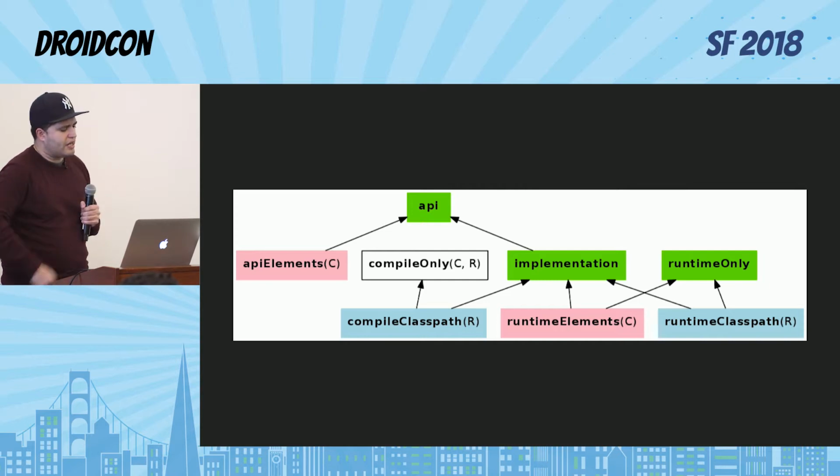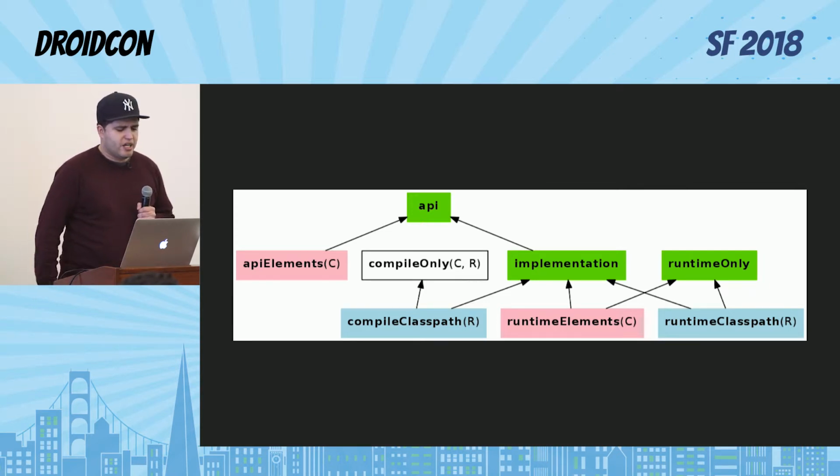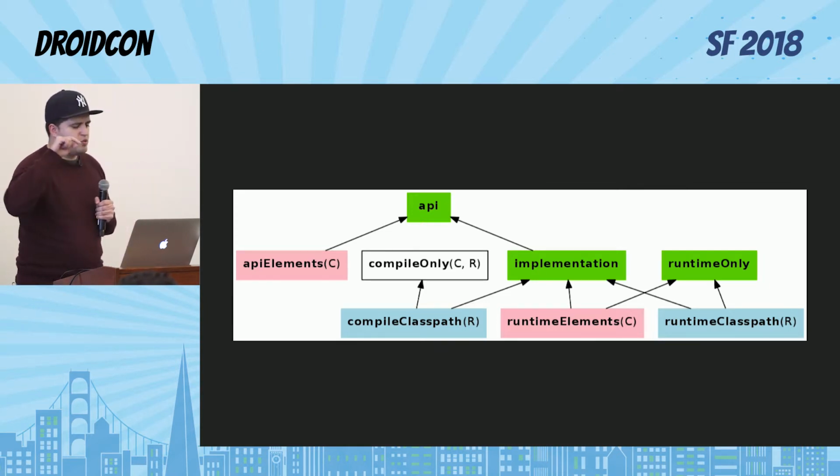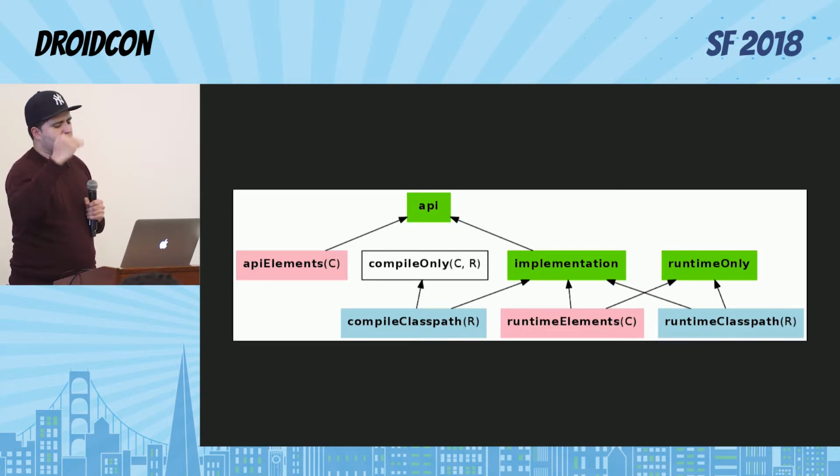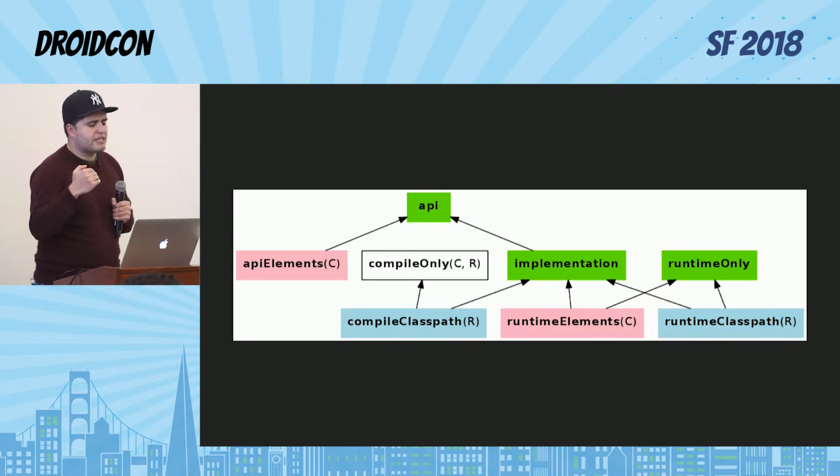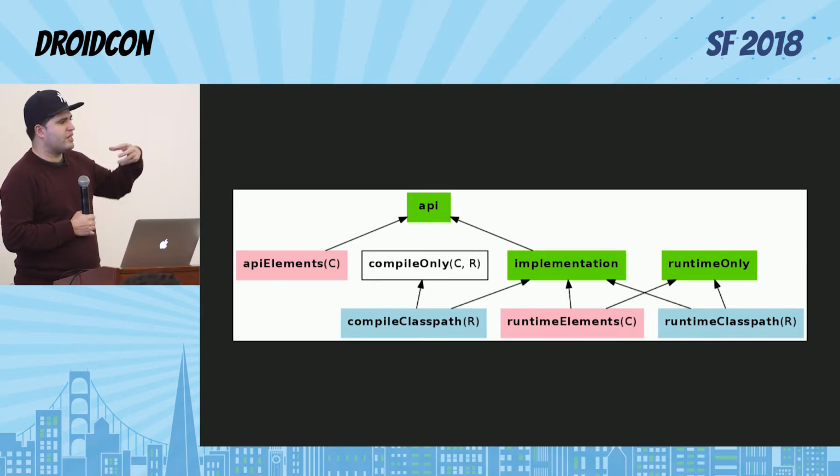It's also helpful to know how these configurations are interrelated. So the green is what you actually put in your config script. The pink is actually what Gradle does at runtime, so the way that Gradle configures internal class paths differently.